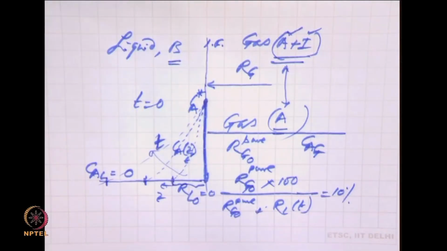So, with that background, let us move on here. We are talking of absorption of such gases as carbon dioxide or ammonia in water, and for all practical purposes, the take home message should be that RL is very important in controlling the rate of absorption.